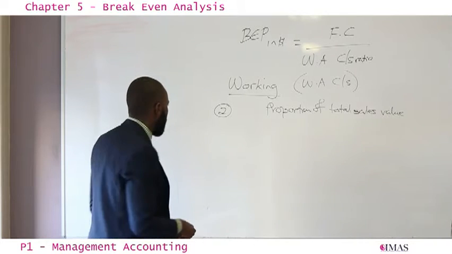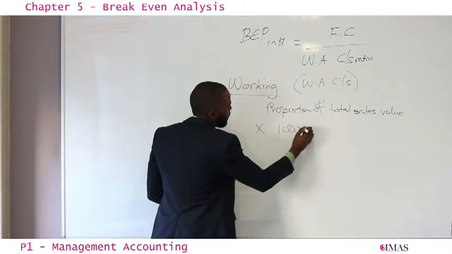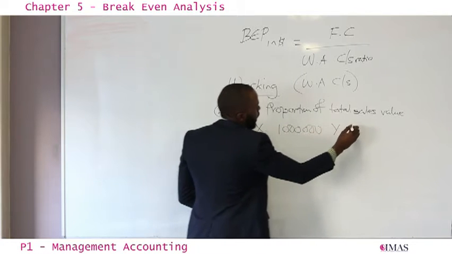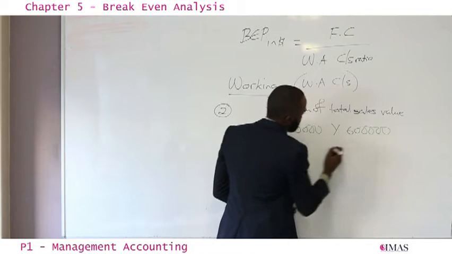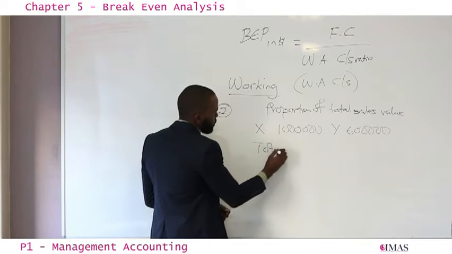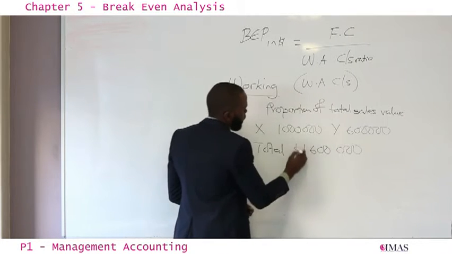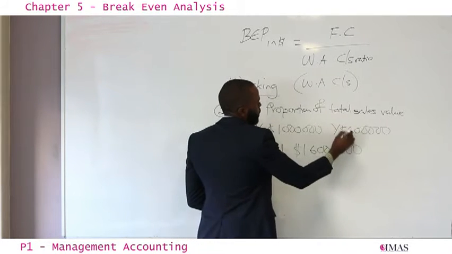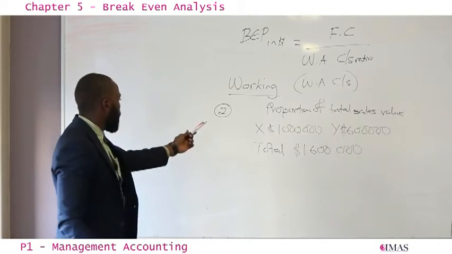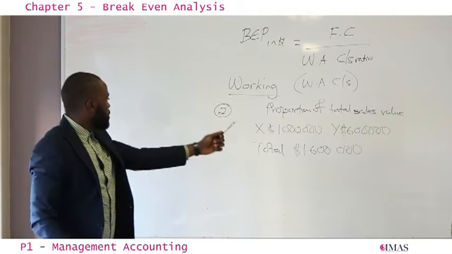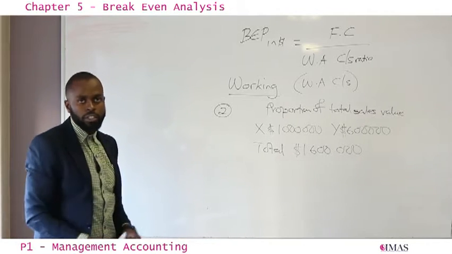X has 1 million in sales. Y has 600,000. Then the total is $1,600,000. So to get our proportion, we need to take the 1 million divided by 1.6 million, and the 600,000 divided by 1.6 million.